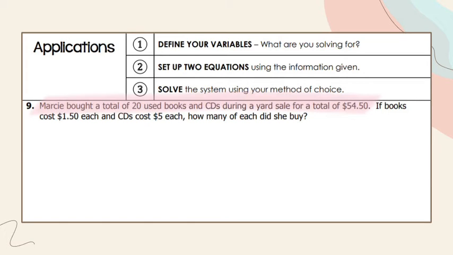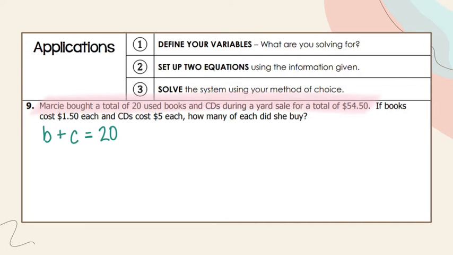So we don't know enough from this one sentence to write about the cost, but we do know that she bought a total of 20. So books plus CDs has to equal 20. Okay, that's one thing that we know from this sentence. Now, we know the total cost, but we don't yet know from this sentence anything else about it.